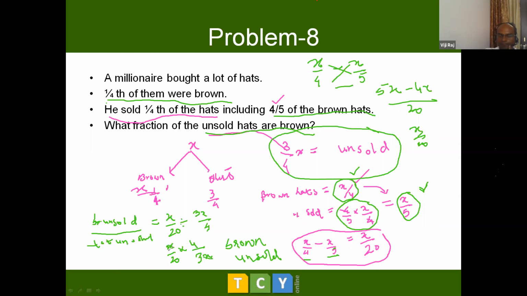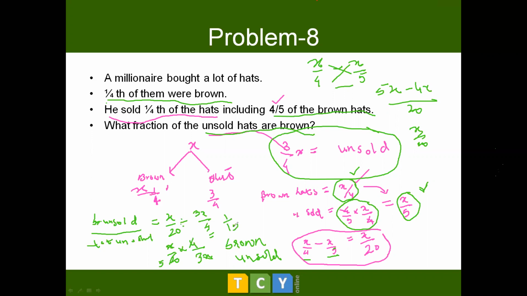X cancels out. So 4 and 20 cancel, and we are left with 1 by 15. Right? So 1/15 of the unsold hats are brown.